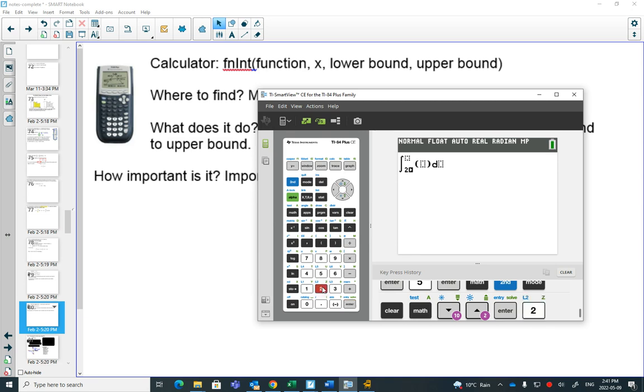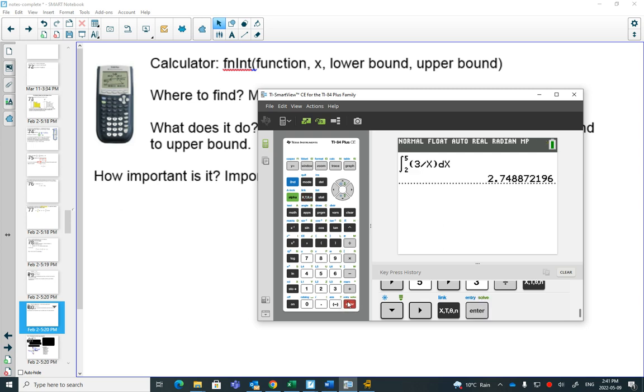So we're going from 2 to 5, 3 over x in terms of x. Push enter, and it finds the answer that way as well. Nice thing about this is if you've done it by hand, if you've showed all your work and done the calculus and get an answer, here's a way for you to check the answer instead of having to look in the textbook at the back of the book.